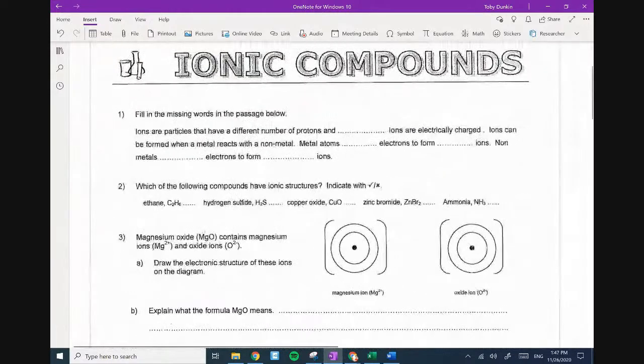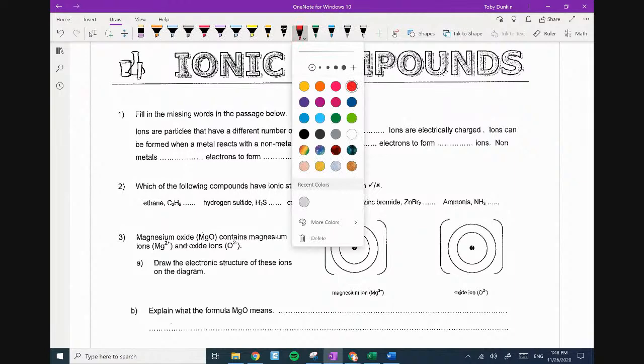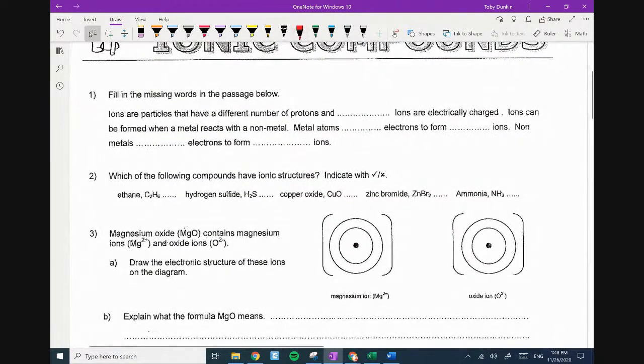Okay. I'm going to go for red. There we go. So, fill in the missing words or passage. Ions are particles that have a different number of protons and electrons. 1 mark. Ions are electrically charged. Ions can be formed when a metal reacts with a non-metal.